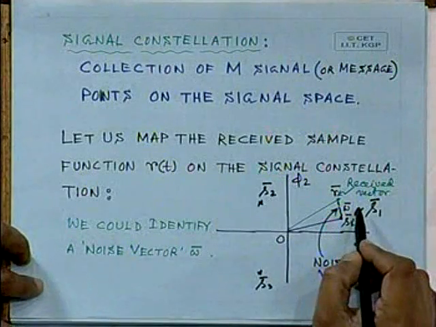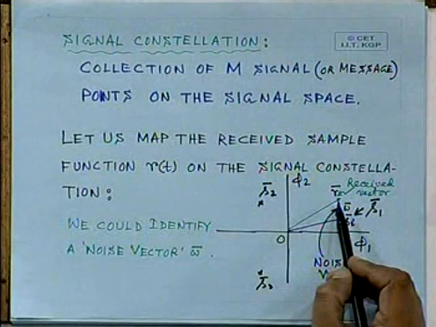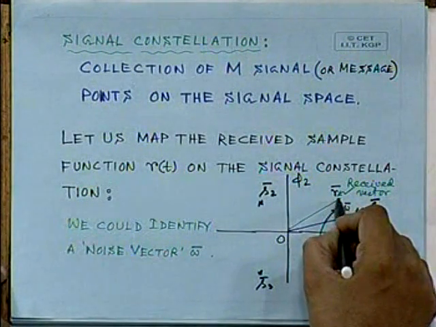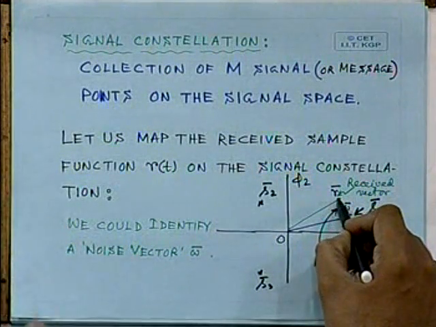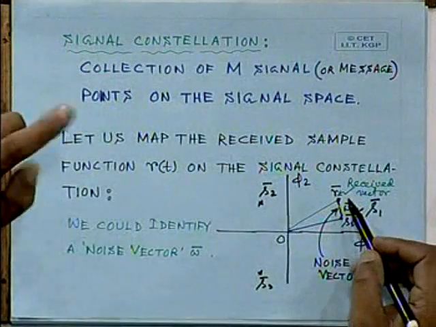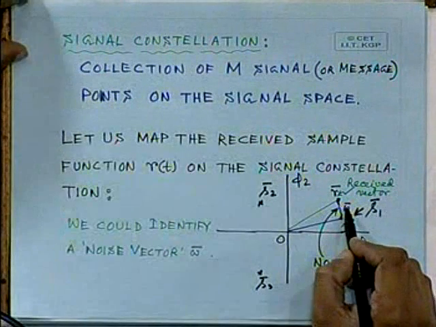I can say the noise corrupted received vector, which corresponds to a band limited r(t) received sample function, will be somewhere close by. So just to show that, let us consider that the received vector point is here. I am not saying that it is indeed here, it is not that. If you say no sir, let it be here, I say fine, draw there.